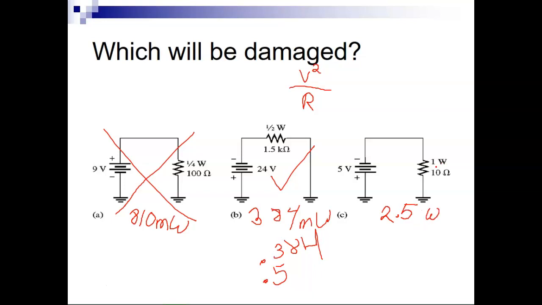So is a 1 watt resistor going to be able to handle 2.5 watts of power? No. So the only one that would be safe is B. Does it make sense? So A and C will be damaged. B will be unharmed. He's just big enough. He's going to be okay.